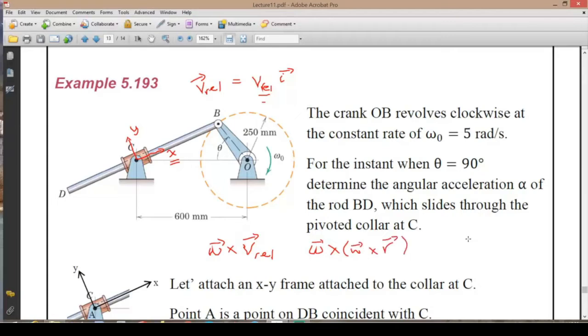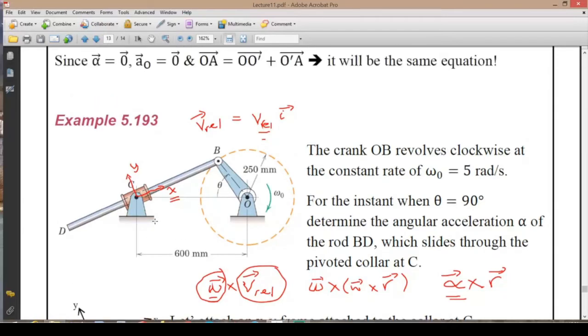And then we have a term as alpha cross product R. Actually, alpha is something that we are looking for here, so this is what we are trying to find. But we don't know omega as well. We don't have any information about the angular velocity of this part. So probably it's a better idea to start working in the velocity domain first and then find the information for V relative, find the information about omega, which will be useful at the end in our relative motion with respect to rotating axis equation.